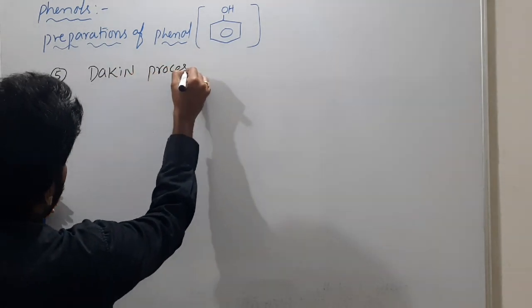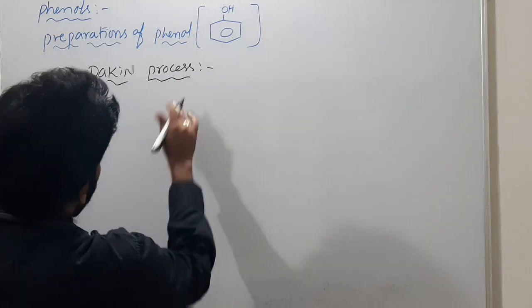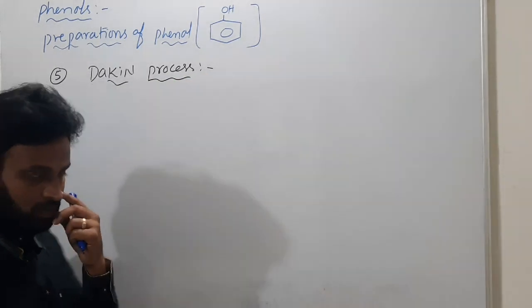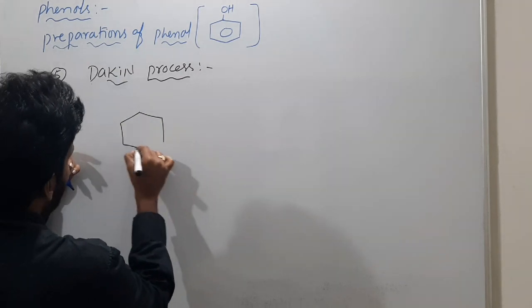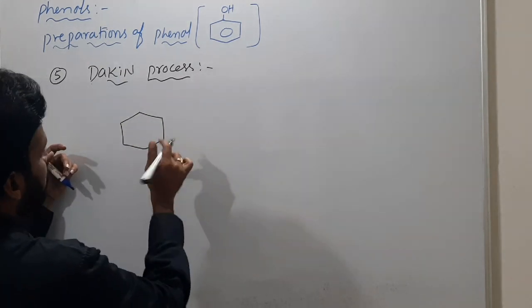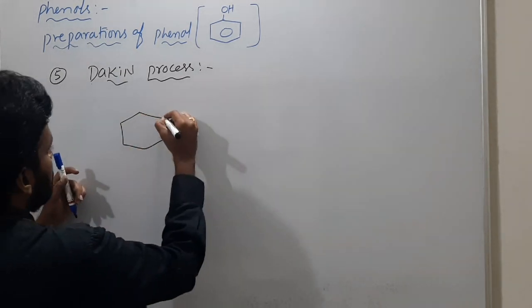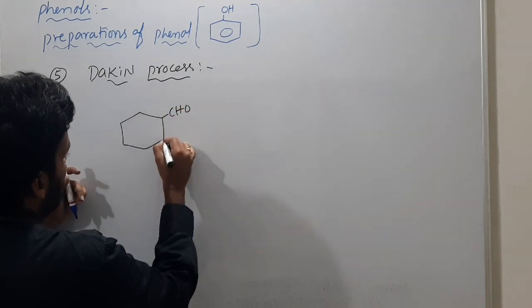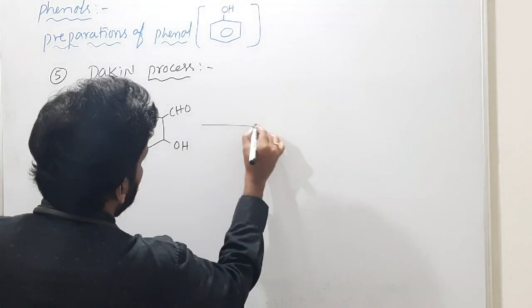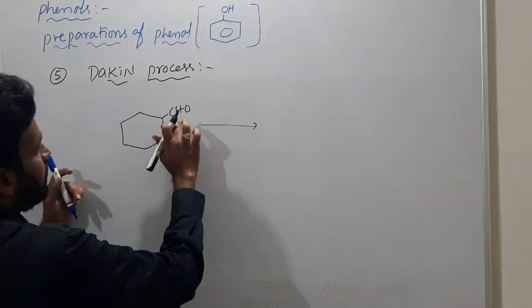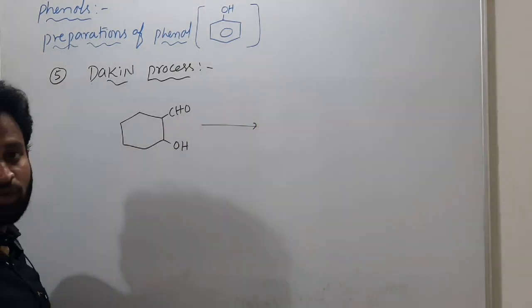The Dakin process is actually for substituted phenols, like catechol, resorcinol, and so on. Suppose you have CHO here and OH here, and selectively the CHO will convert directly into OH.